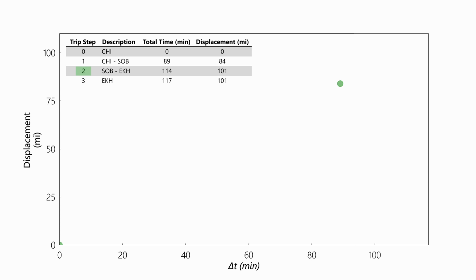But notice, for this plot, we're plotting the displacement from Chicago, so we need to plot the train's EKH arrival time at 114 minutes and at 101 miles, which is the displacement from its starting location in Chicago. Now, let's connect each of these points by a straight line.